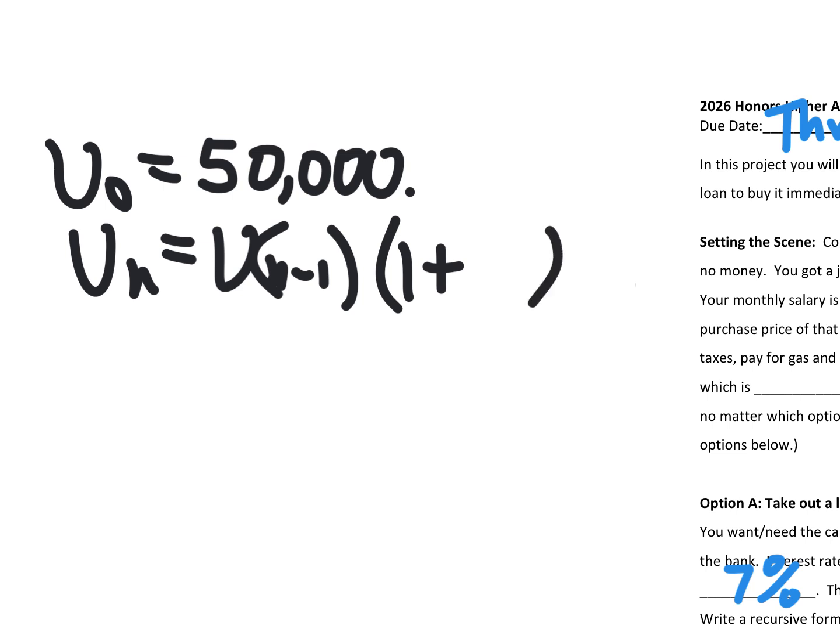Now, what most people do is the bank will tell you, okay, your car payments are going to be this much. You ask the bank and they're like, here's how much you have to pay. And then most people just pay exactly that. We're not going to do that for this project. We're going to say that you are going to take 15% of your monthly income, whatever your monthly income is, and you're going to pay that for your payment.